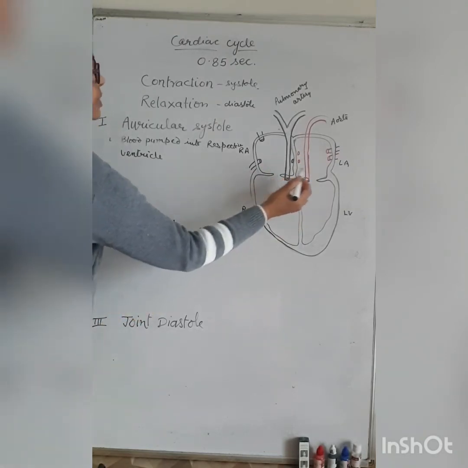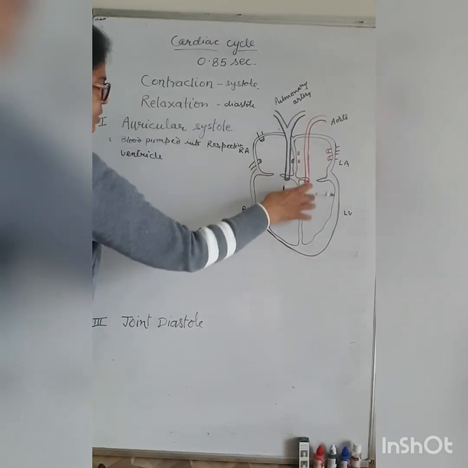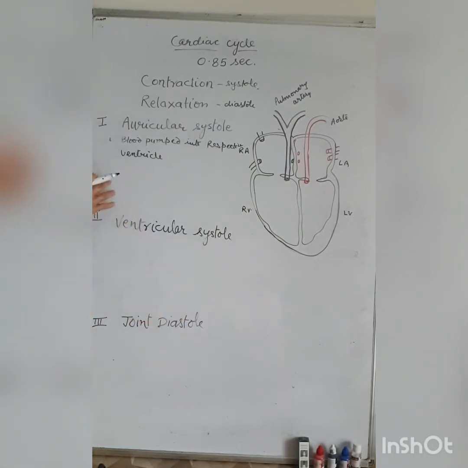This is the tricuspid valve, this is the bicuspid valve. So the blood through these valves comes into the respective ventricle.